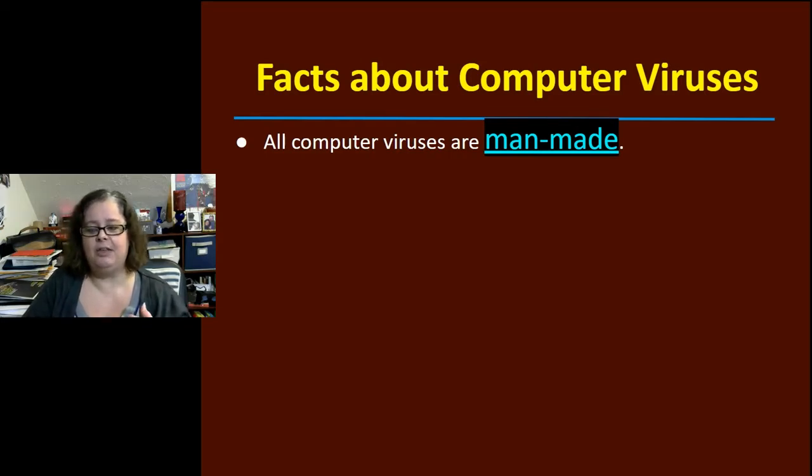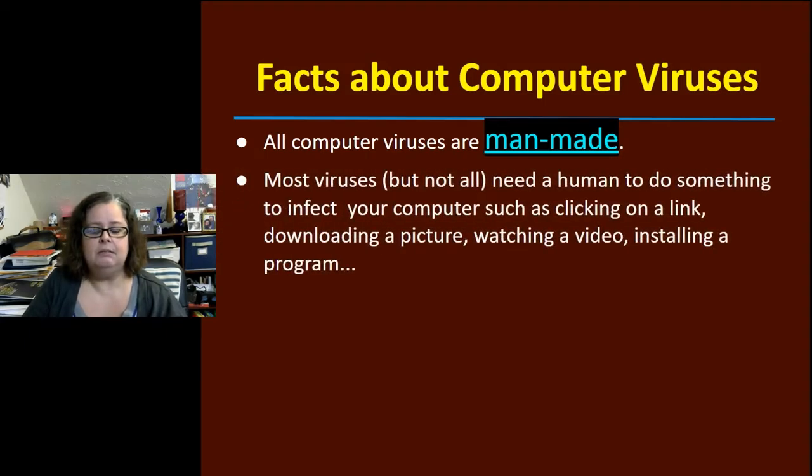And there's thousands and thousands of computer programmers around the world who do this either because it's fun or because they want to show people that they're smarter than they are, or they want to get back at people, or they're doing it for some other reason, like making money, which we're going to talk about later. So they are all made by people, okay?